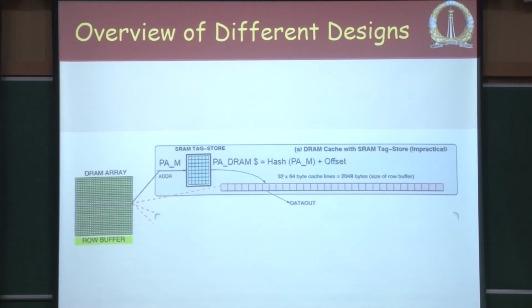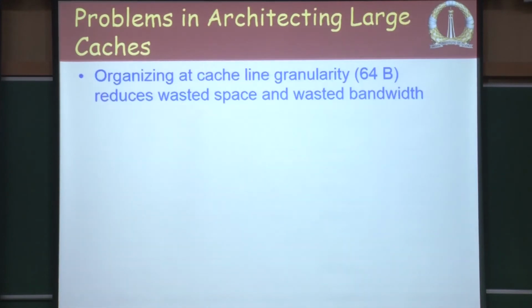There are some designs that have been done to overcome this kind of access, which is first accessing the tags and then the data. Let me go to the next slide.